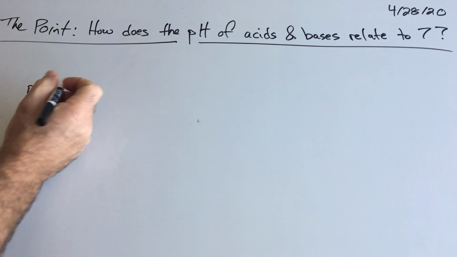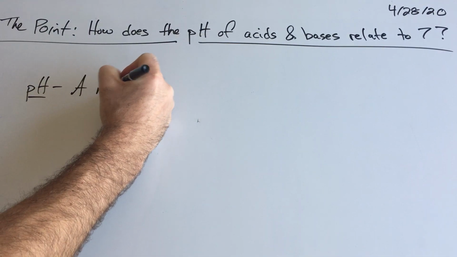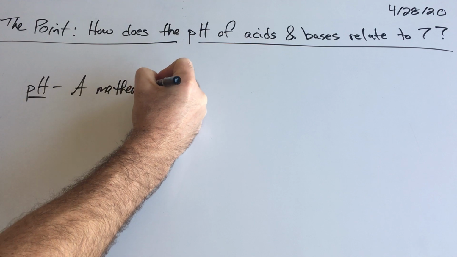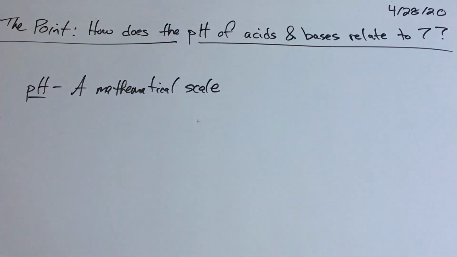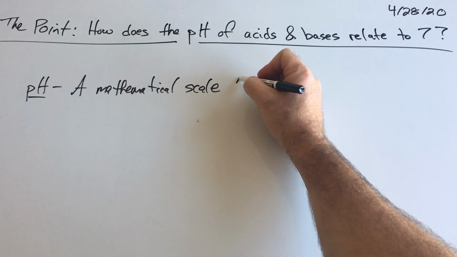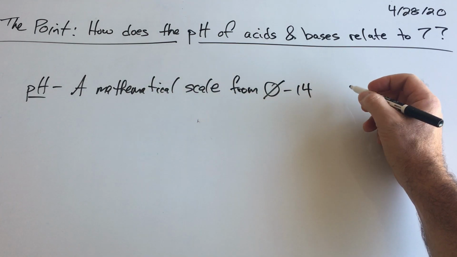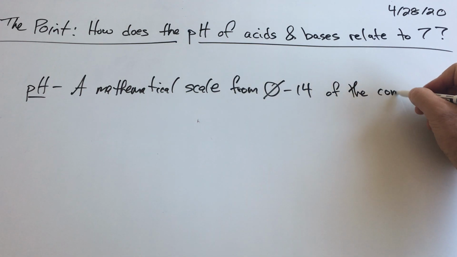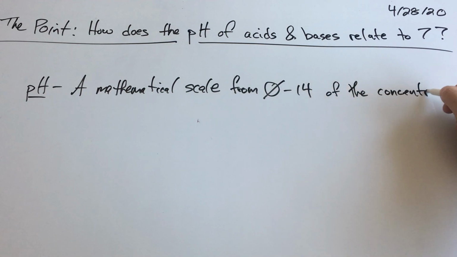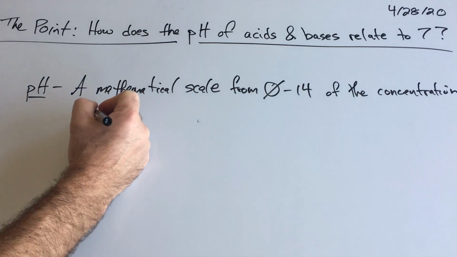pH, lowercase p, capital H, a mathematical scale from 0 to 14 of the concentration of hydrogen ions.